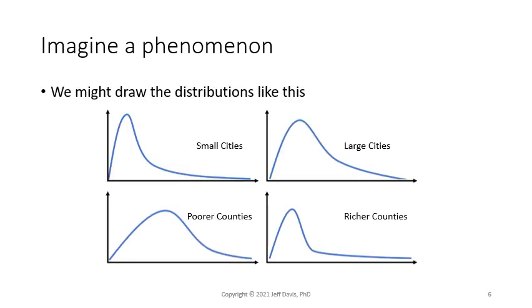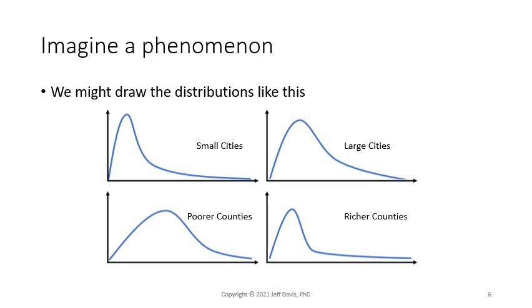All right. So, and again, I'm not going by any particular study of crime rates across small cities and large cities, poorer counties versus richer counties, right? I'm just thinking about how we typically think about the distribution of crime rates. Okay.